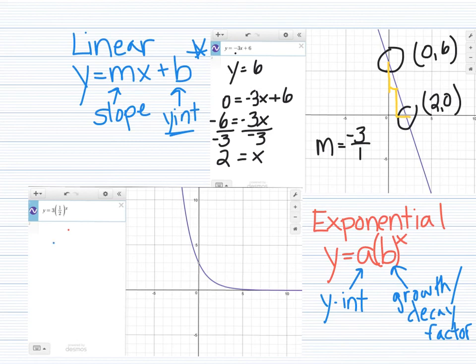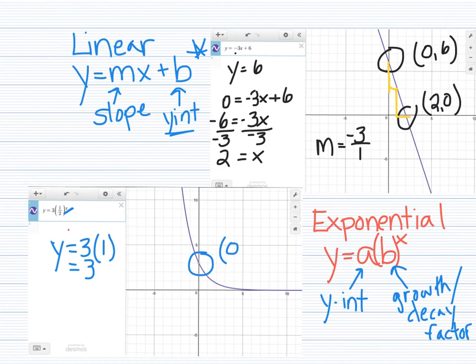But we can look over here at the y-intercept. Remember when x is 0? That's because anything to the 0 is 1. So we'd have y equals 3 times 1, which is 3. Right there, there's our y-intercept.